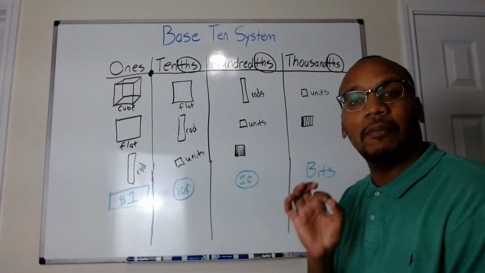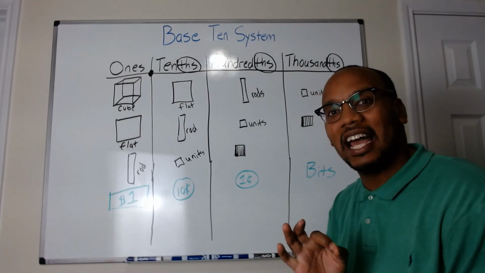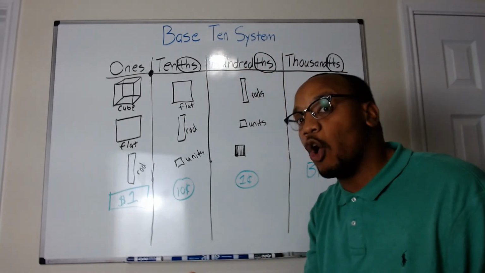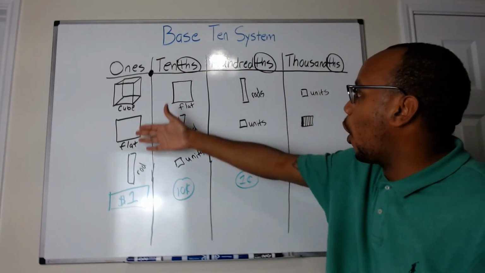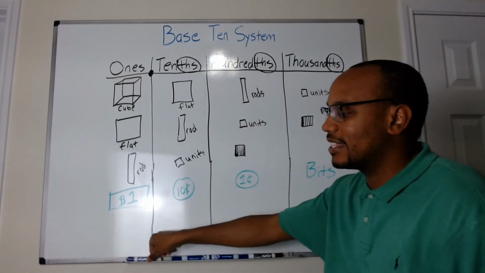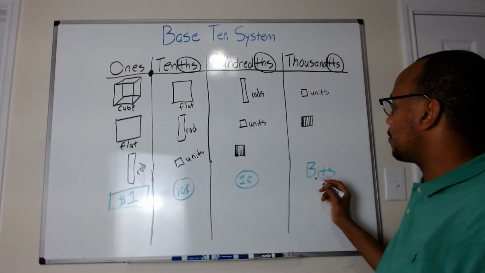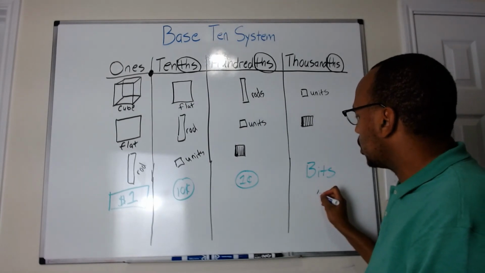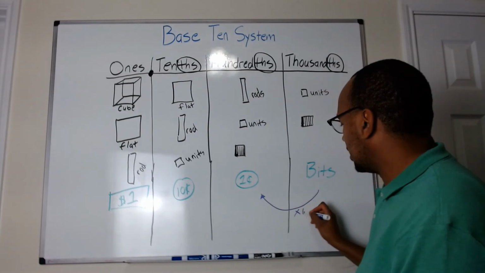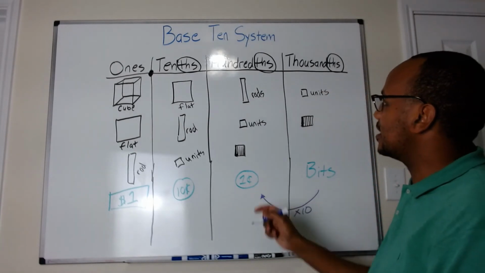Now, the main thing that you realize is the base 10 system. I can make a 10 or I can break a 10. In all of these different examples, you're seeing the same thing. If you're going from a small size, you need 10 of them times 10 to get to the next size.